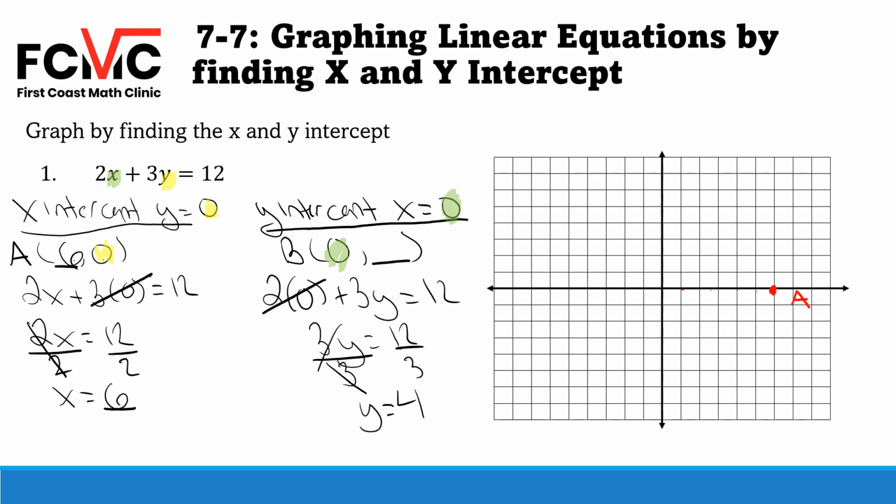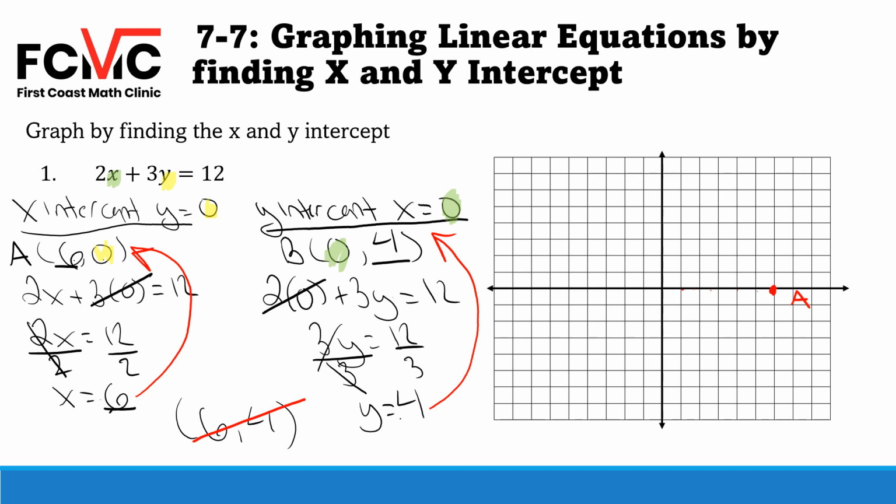Now, what people sometimes do is they say, all right, we've got x equals 6, y equals 4, and they put together the ordered pair (6, 4). We don't want to do that. These are part of two separate ordered pairs: (6, 0), and we're going to take that 4 and attach it to this ordered pair right here, (0, 4).